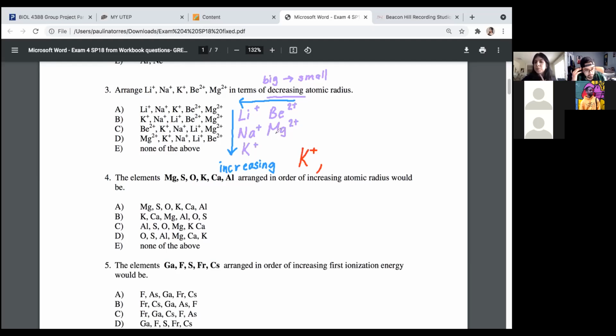So which one has fewer protons? The sodium. Yes, perfect. And then we do magnesium. And then the same thing would apply up here. So we would have lithium, which has fewer protons, so it's going to be bigger. And beryllium.